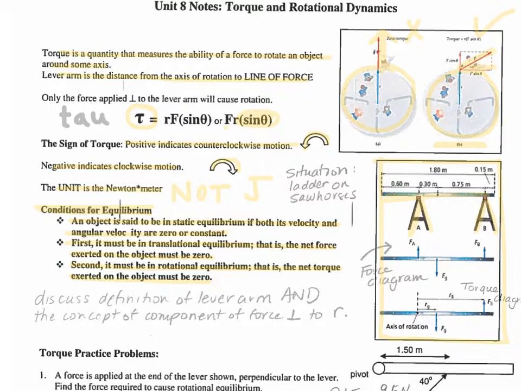For the force diagram, I simply draw the forces where they exist. FA, this upward force, is caused by sawhorse A. FB, this upward force, is caused by sawhorse B. And then FG is the weight of the ladder, and that weight is at the center of gravity. So this point right here, that's the center of gravity.